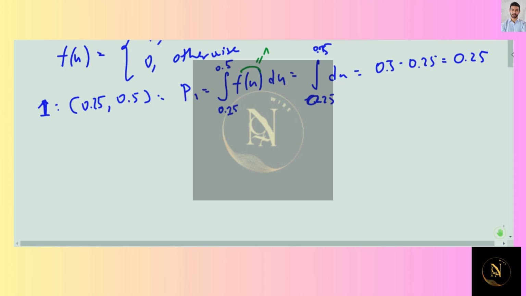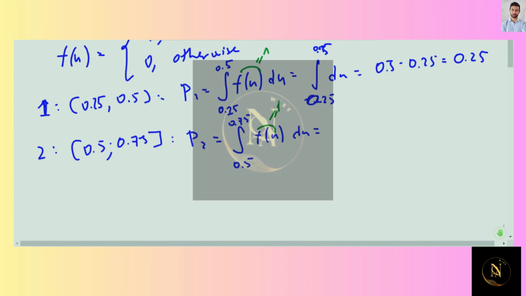Now let's choose a second interval, which is, for example, from 0.5 to 0.75. So the probability equals the integral of the probability density function. Again, this function is 1 for this interval.